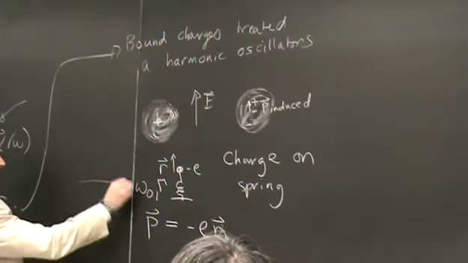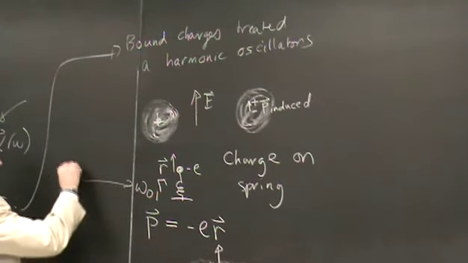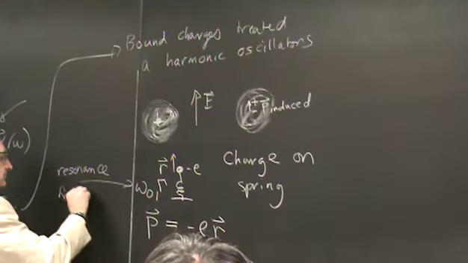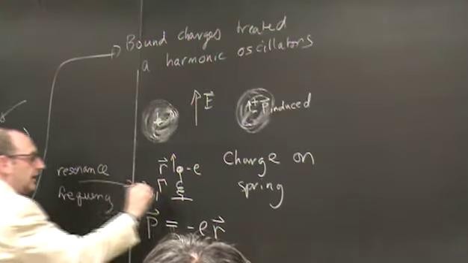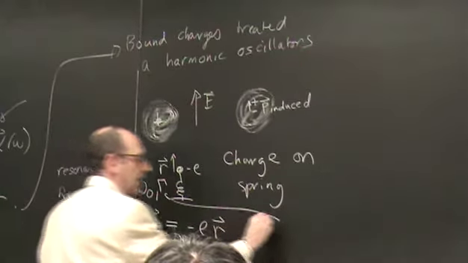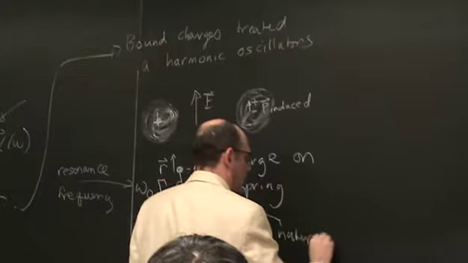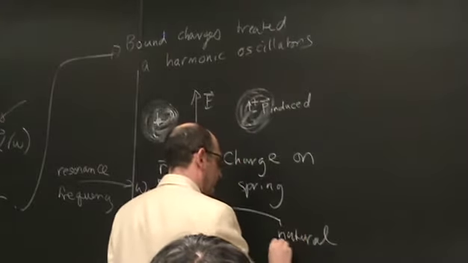Omega naught is the resonance frequency, and gamma is what we call the natural line width, for reasons that we'll remind you of in a moment.